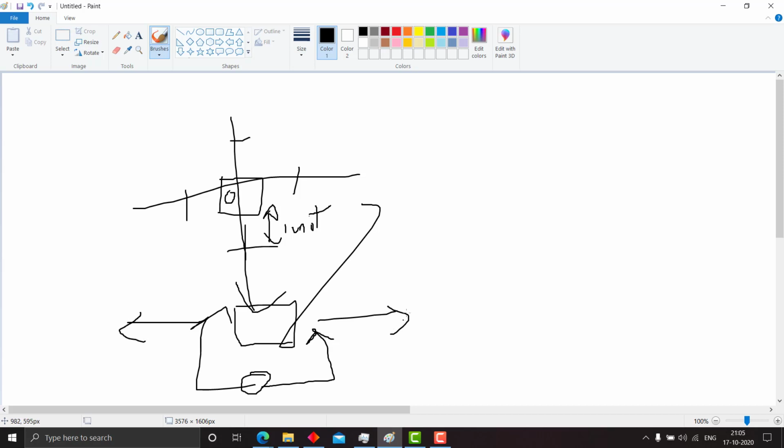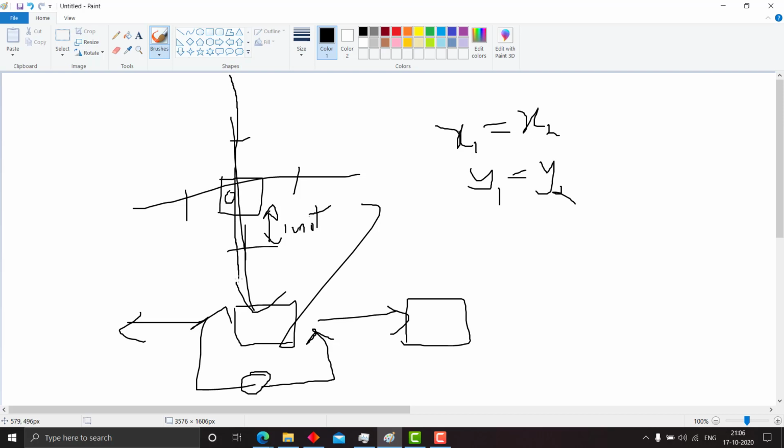This way we need to minimize the time it would take for the box to reach from x1 y1 to x2 y2. Suppose x1 is equal to x2 or y1 is equal to y2. This means that either the final position has the same x coordinate or the same y coordinate.